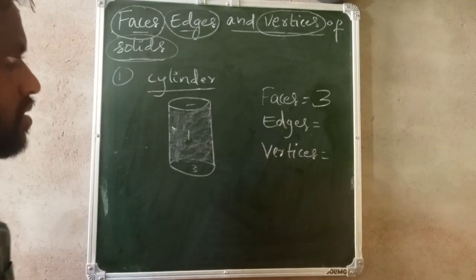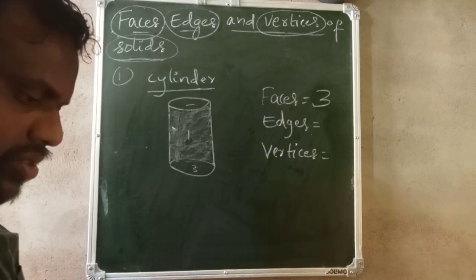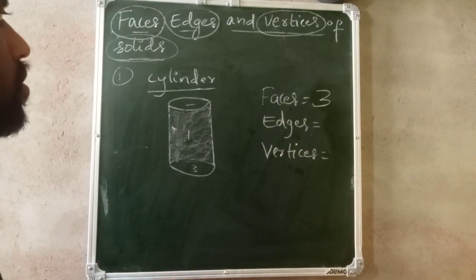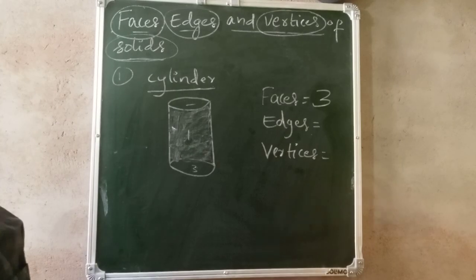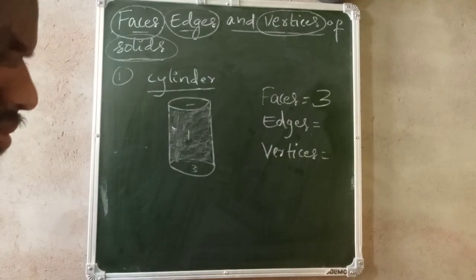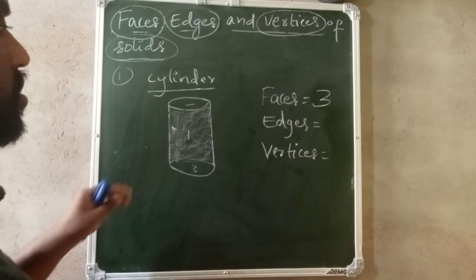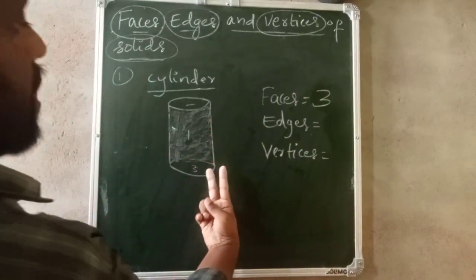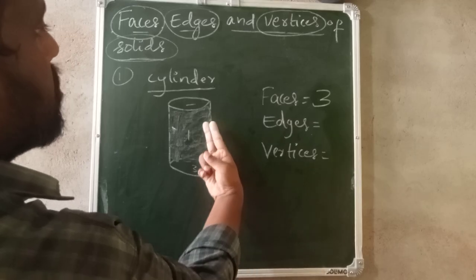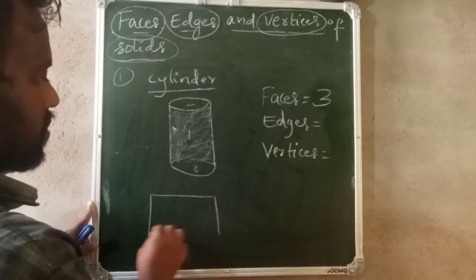Next, edges. How many edges? To understand edge, see, if you cut this cylinder with a scissor like this, so the cylinder looks like this.